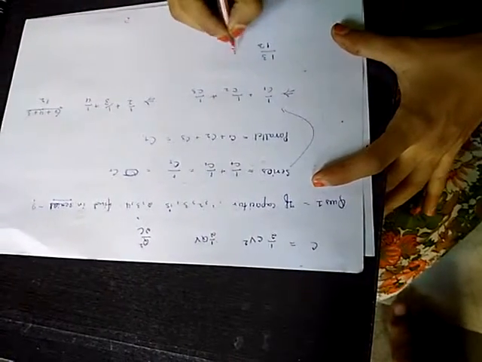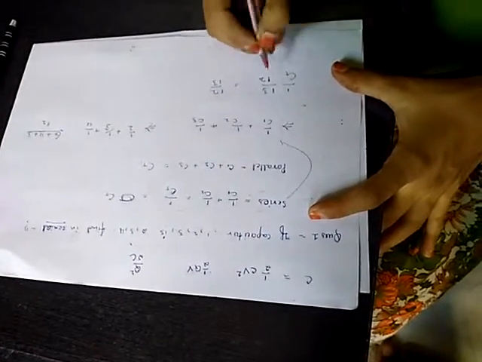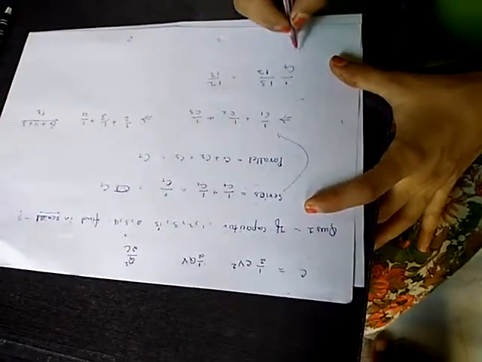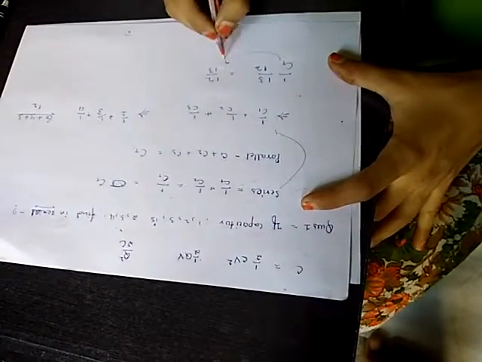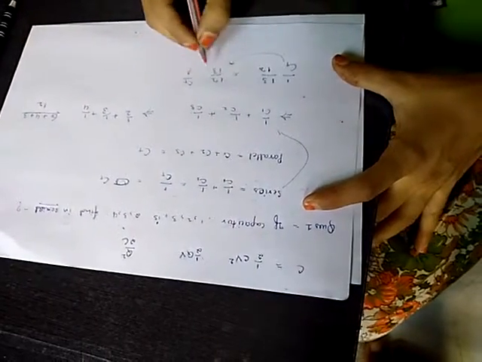That is 1 by CT, so we can write CT is 12 by 13. So this is the answer.